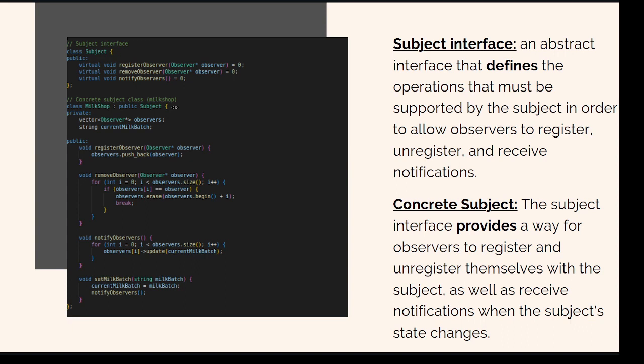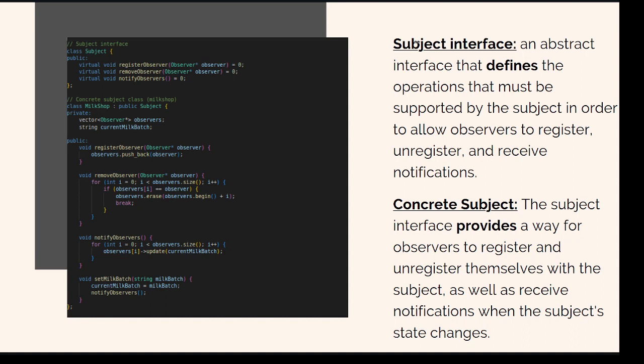For the subject, to implement it, we also have two parts, the subject interface and the concrete subject. The subject interface is an abstract interface that defines the operations that must be included to serve the subject-observer relationship.